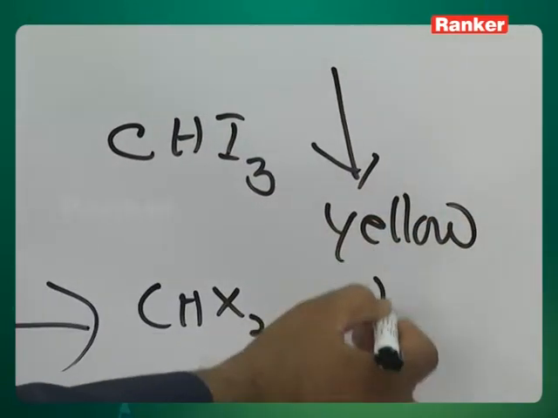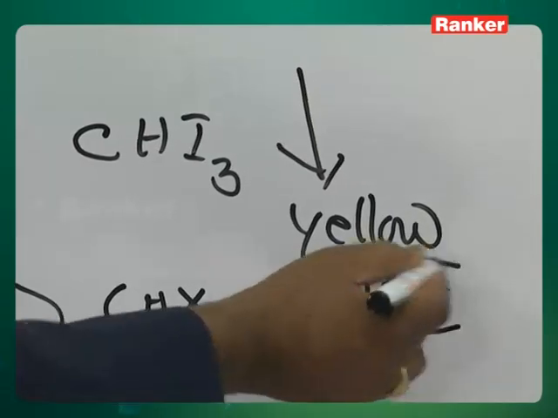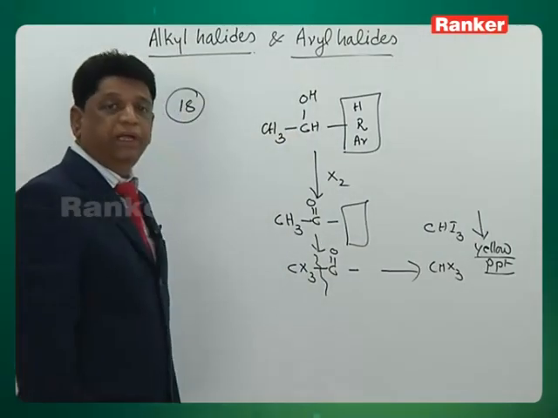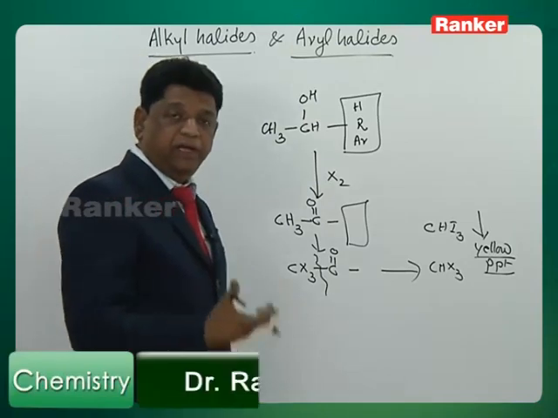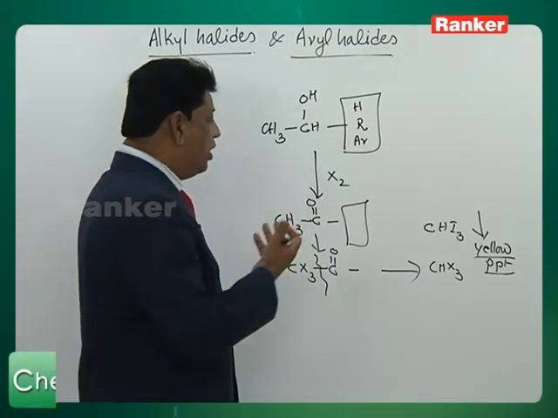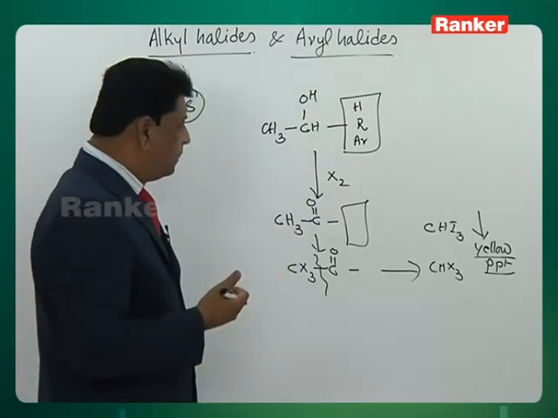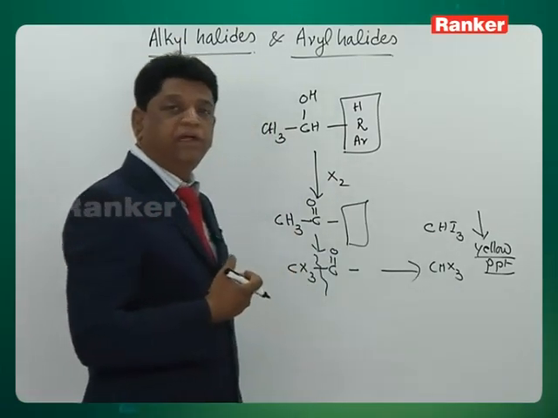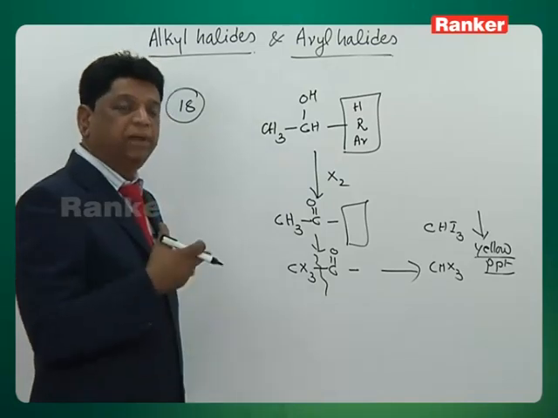Two qualities: it is a precipitate, so solid, so you can go for stoichiometric calculations: filter residue weight divided by molecular weight gives the moles, and you can calculate how many moles of iodoform are formed. Yellow is the color, so qualitatively you can say whether the reaction is taking place or not.